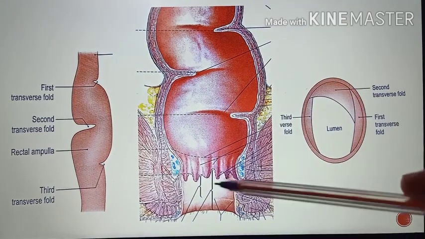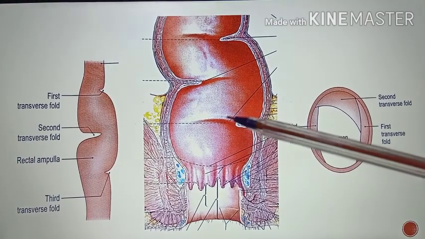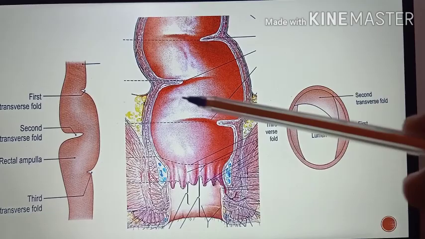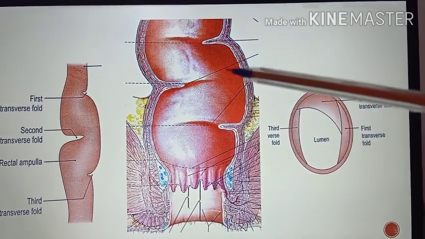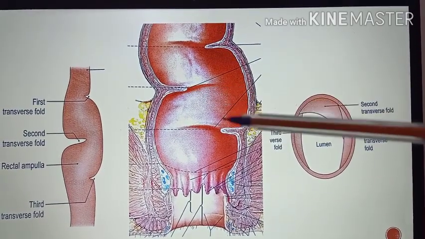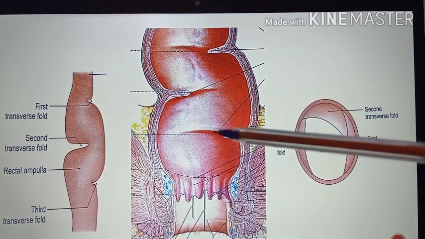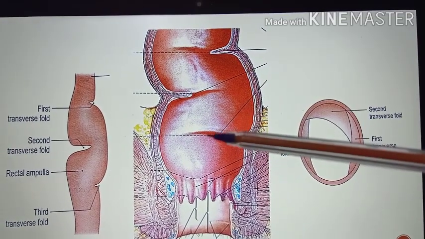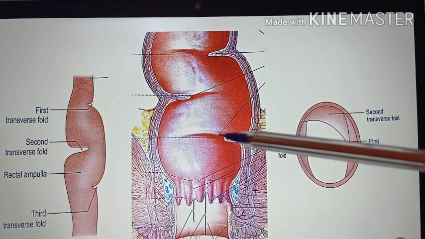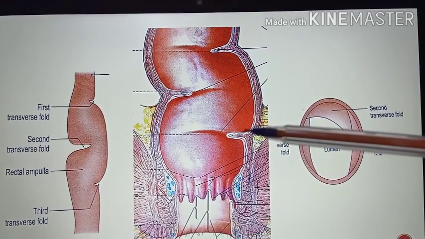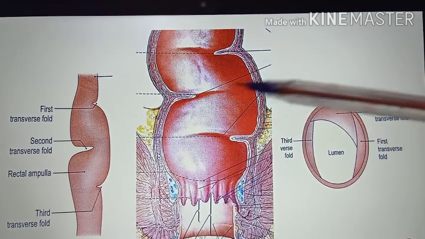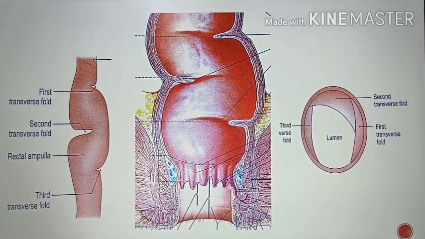This picture is showing you the transverse or horizontal permanent folds. These folds are called the Houston's valves. These are semilunar shaped folds which are situated against the concavities of the lateral curvatures of the rectum.